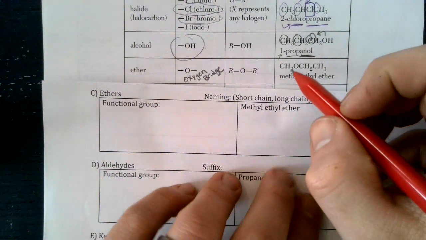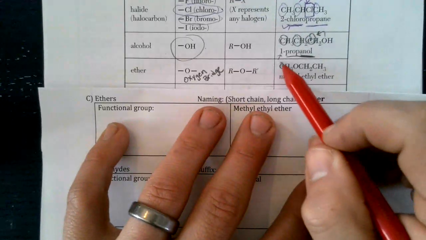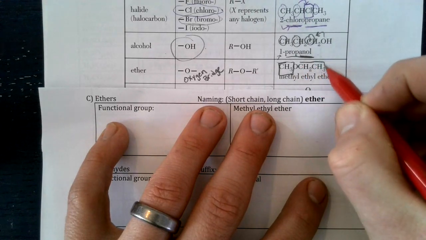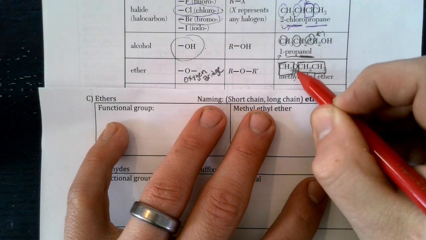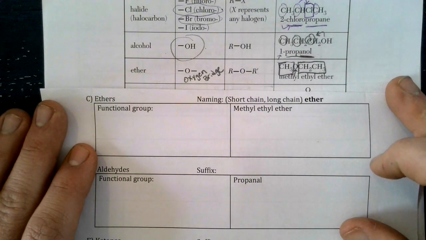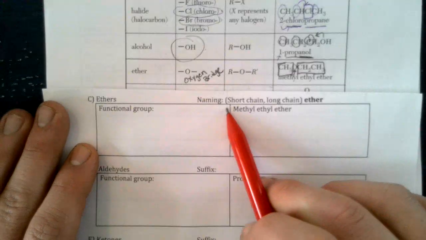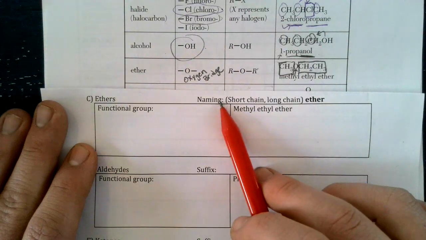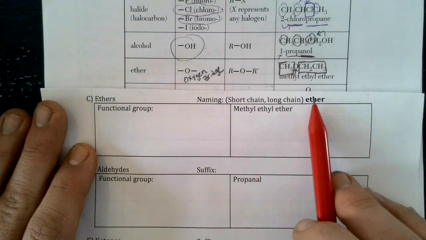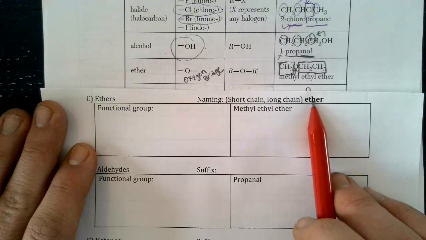And looking here, we're going to see that this carbon chain is bonded to this carbon chain by this little bridge of oxygen in the middle. And the naming is really simple, because the naming is just, we name the short chain, then we name the long chain, and then we add the word ether at the end.